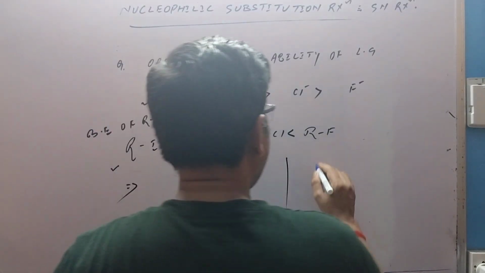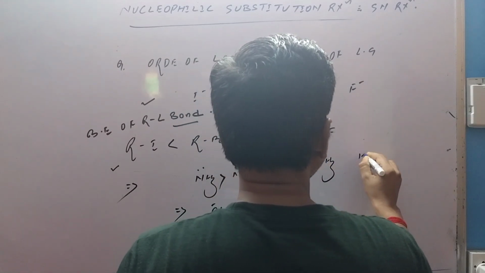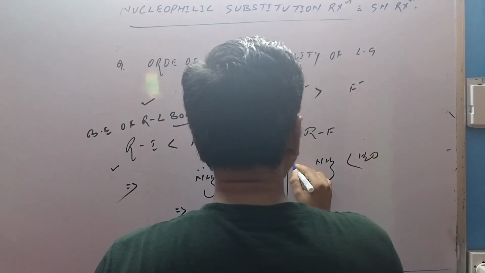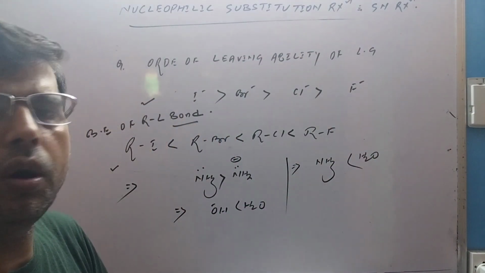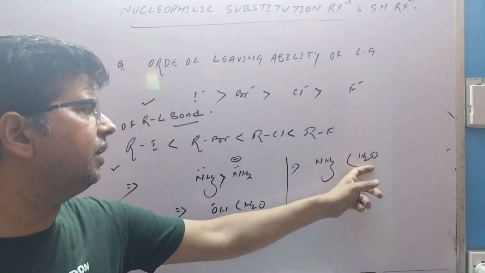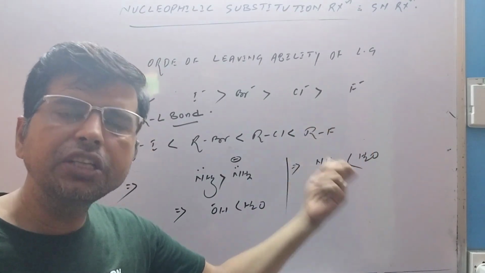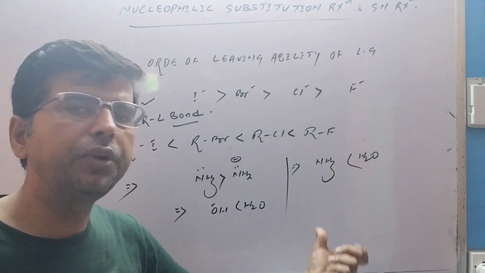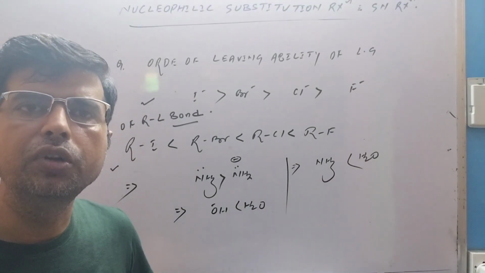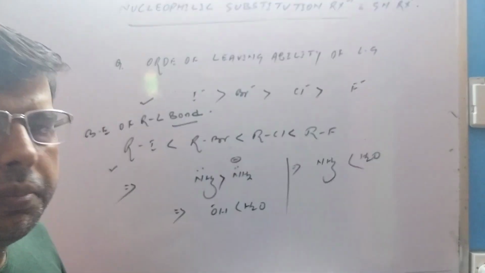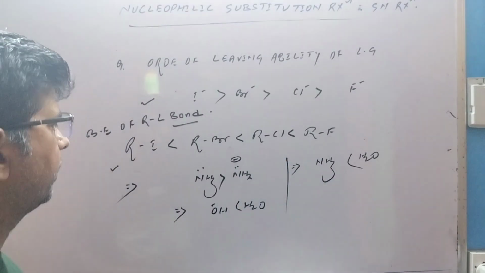If we consider NH3 and water, definitely water is a good leaving group as compared to ammonia. As we know, water is amphoteric. It means basic strength is much less for water as compared to ammonia. As we know, ammonia is a base. Weak bases are good leaving groups.